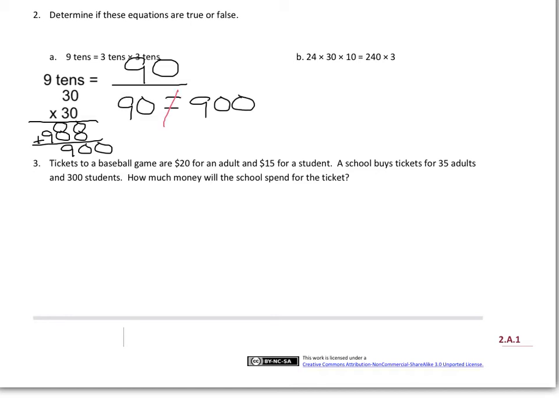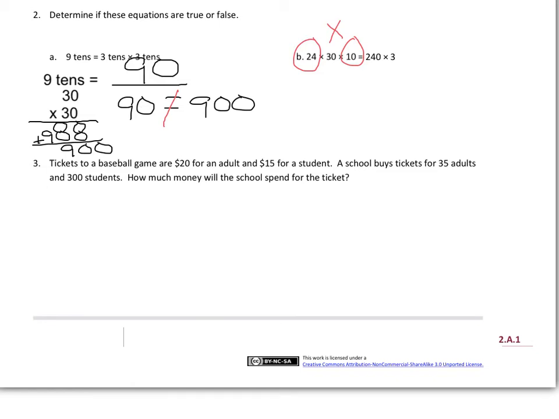Let's move on to 2b. 2b says 24 times 30 times 10 is equal to 240 times 3. If you look at the number 240, that would be equivalent to the numbers 24 times 10. If 24 times 10 equals 240, on each side of the equation we should have one number that is the same. However, this is not true. On the left-hand side of the equal sign, we have the number 30.